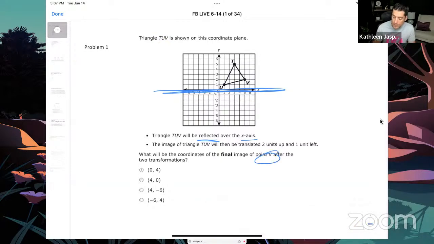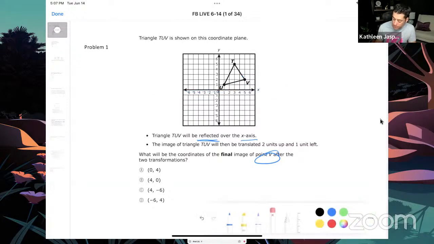Specifically, point V is what we are looking for. So that's all I want to focus on, this point right here. Don't worry about anything else. We want to take that point and reflect it over the x-axis. So here's how we reflect something.